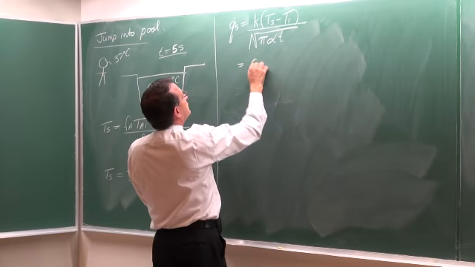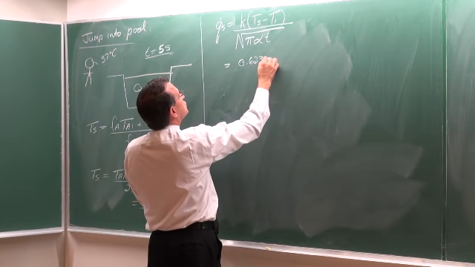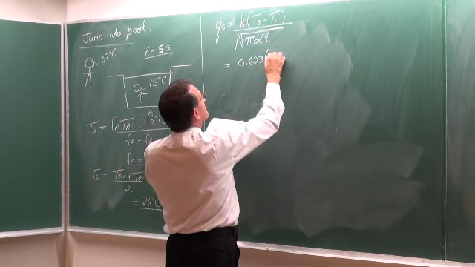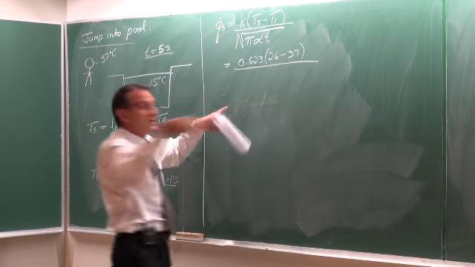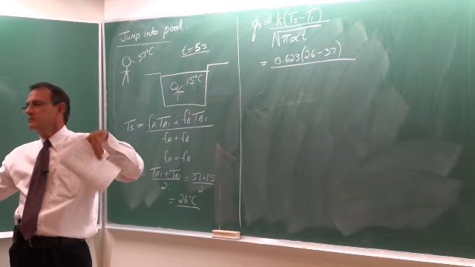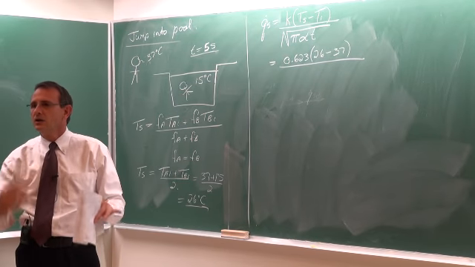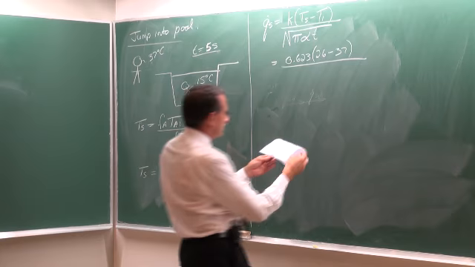So the thermal conductivity is equal to 0.623. The surface temperature is 26 minus 37. And yes, it is going to give us a negative heat flux, but we can ignore that in our answer.